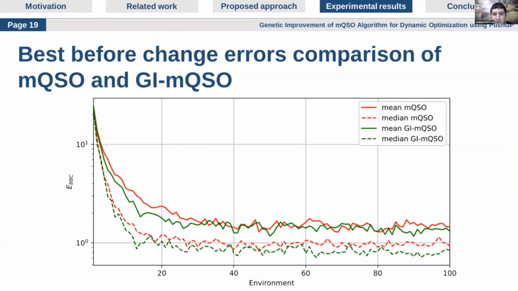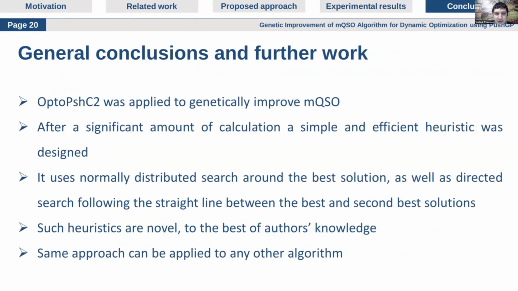On the graph, it looks like this. You can see that the green lines are mostly below the red lines, and especially the median, which is more important, actually.